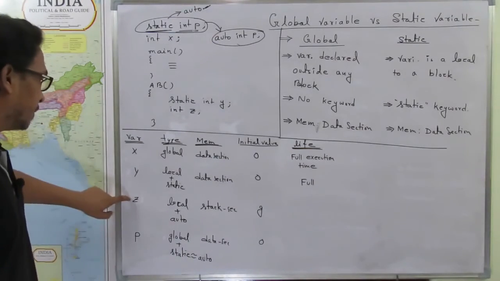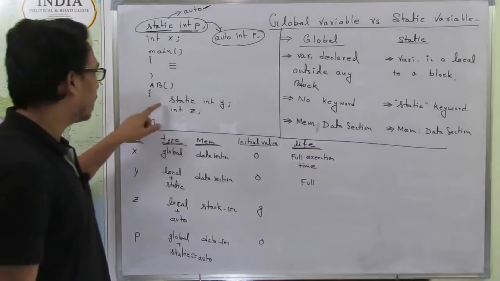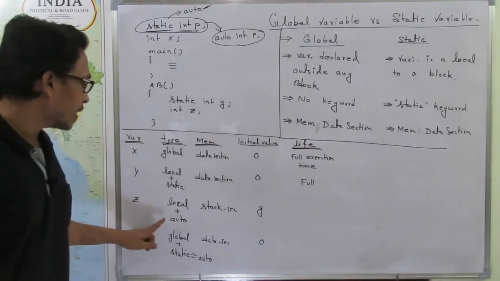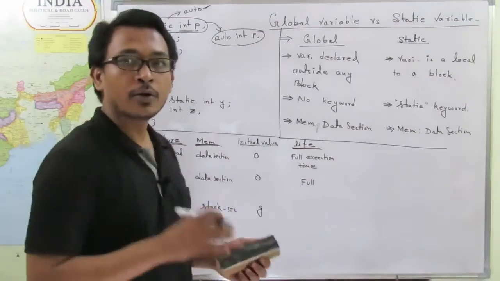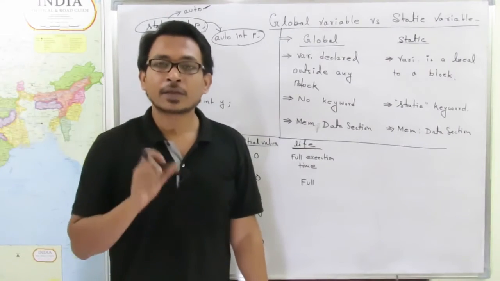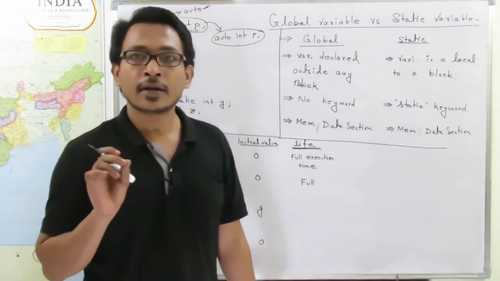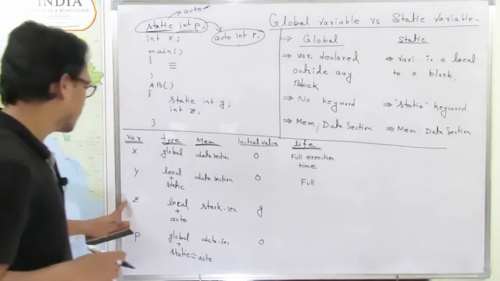Now z is a local variable and the storage class is auto. So how long will memory exist for the variable z?